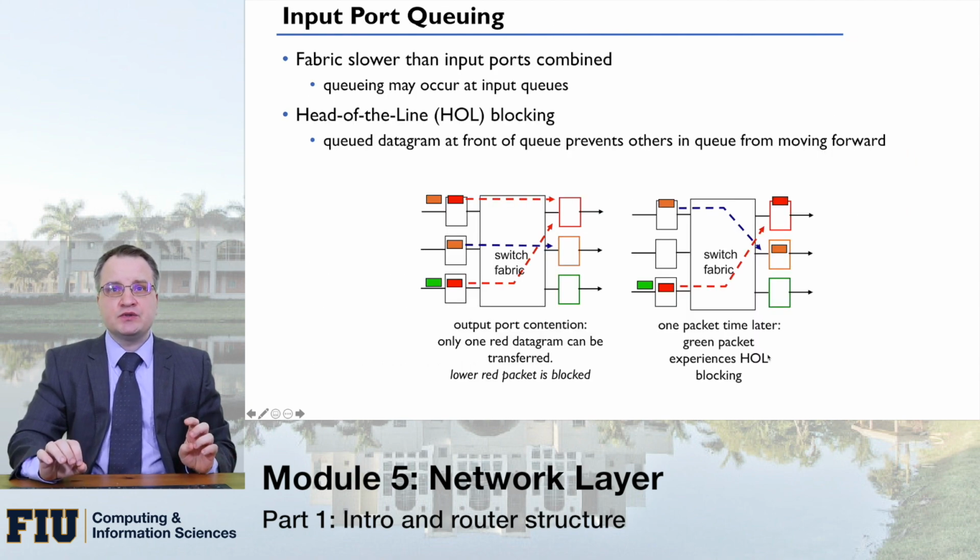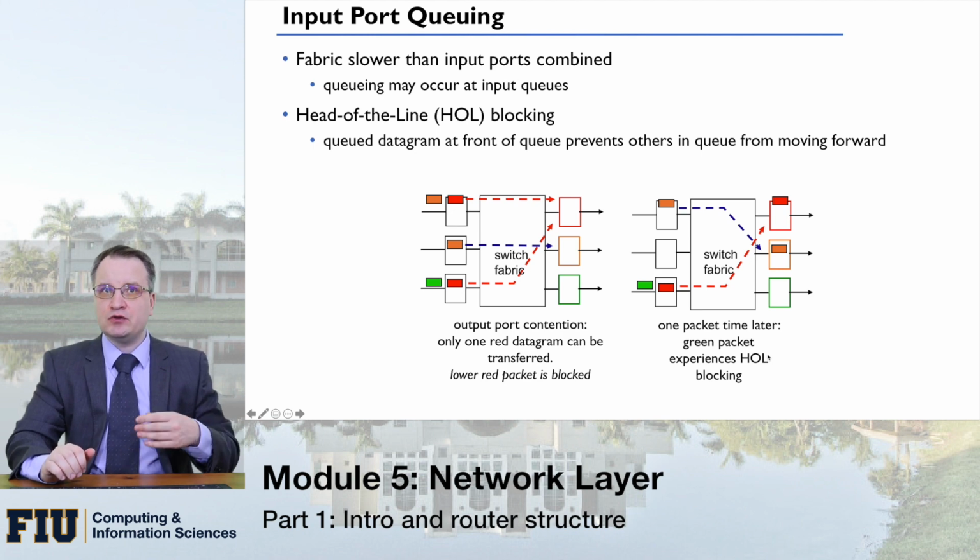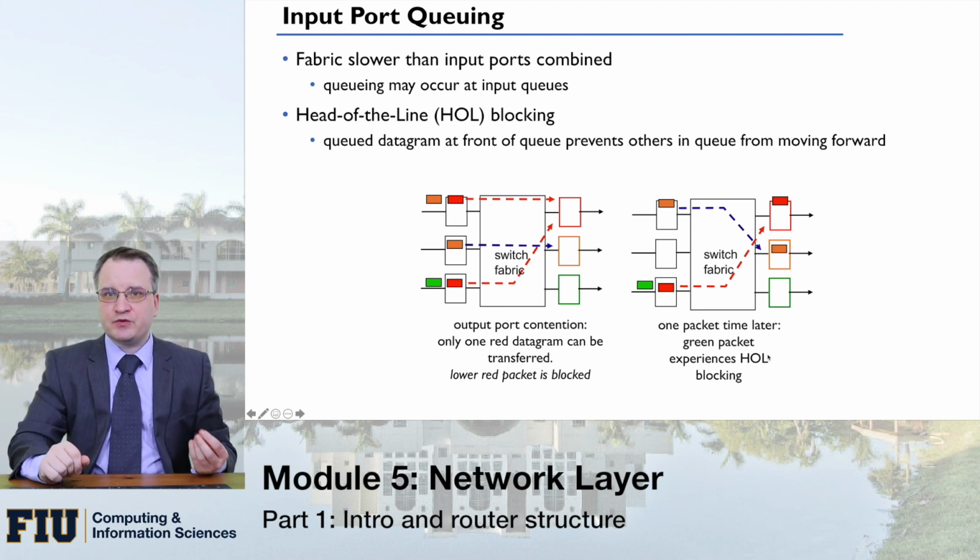Now I just want to get a few ideas about the queuing part for the input and output ports. In one of the first modules, I was talking about queuing, where we have to calculate the queuing delay. The queuing delay is actually a little bit more complex than just waiting for something, because queuing can happen at input. It can happen at input if the switching fabric is slower than the rate at which we receive packets.